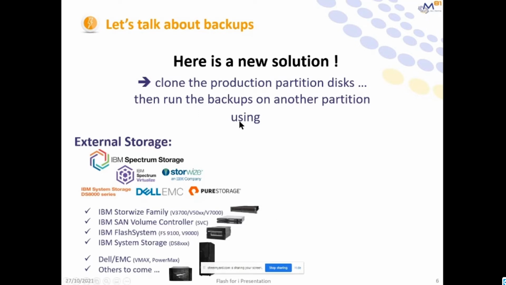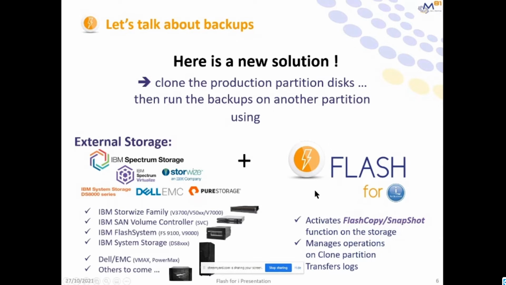If you don't have external storage and you have internal disk, it's not possible right now because there's no such functionality, but if you want to use this function, it's a good way to change your hardware and go from internal disk to external storage. So this function in combination with FlashCopy will allow you to have a fully automated option to create a clone, start a backup, get back the history, and transfer the logs, etc.